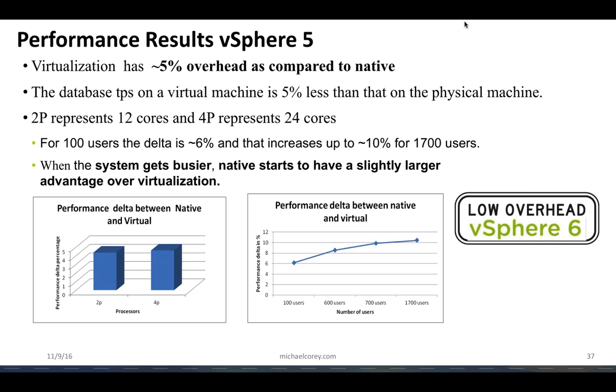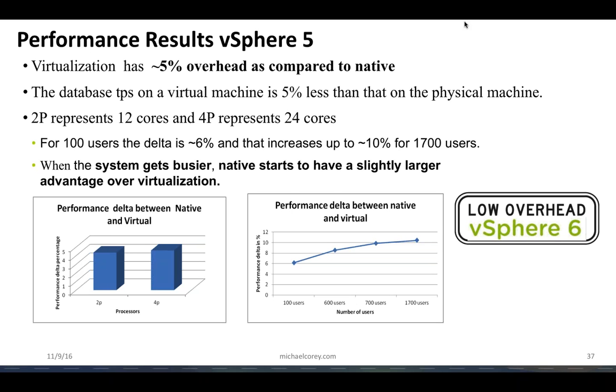In fact, if David were on this call, he's at the MVP Summit, I didn't make it this year, he would tell you it's less than 2%. So this hypervisor is lean and mean. And if you think about a hypervisor, how is it different from an operating system? It's different in that a hypervisor has to manage multiple operating systems. That's the fundamental difference.